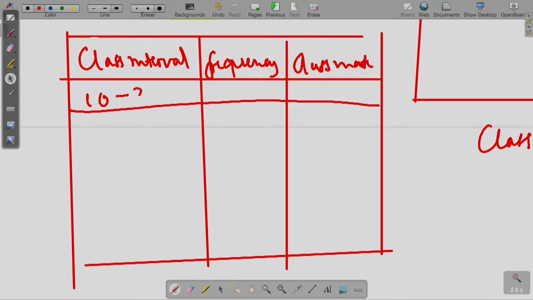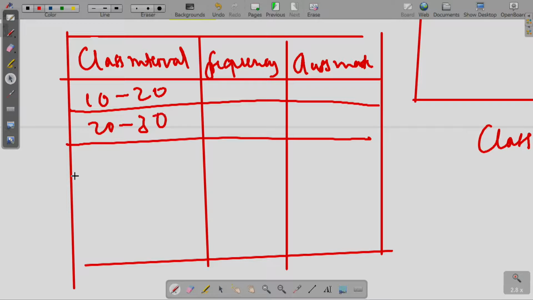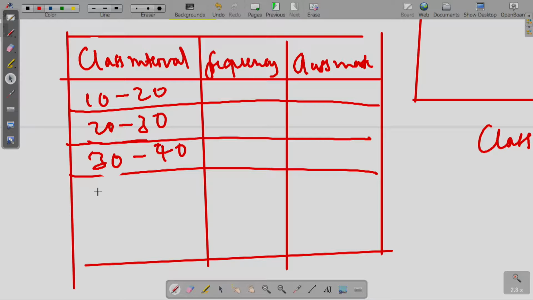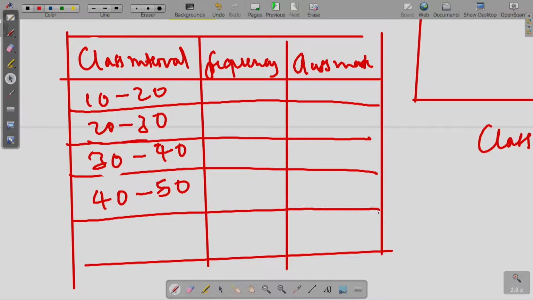Here we have 10 up to 20, here 20 up to 30, 30 up to 40, and we have 40 up to 50. And here we have frequencies 5, 4, 8, 10.